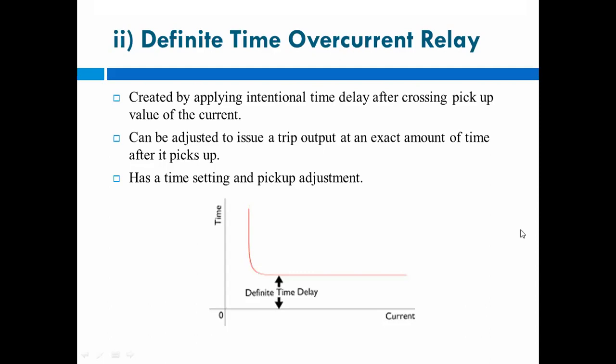Then second is the definite time overcurrent relay. Definite time means we are providing a particular time for the operation of the relay. For example, if we set a time of 0.5 seconds, then your relay will start operating after 0.5 seconds only.